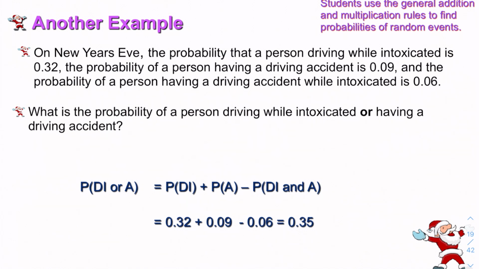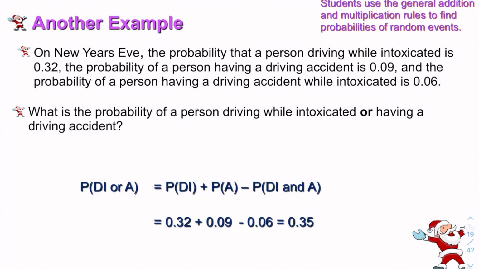Another example. On New Year's Eve, the probability that a person is driving while intoxicated is 0.32, or 32% chance. The probability of a person having a driving accident is 9%. And the probability of a person having a driving accident while intoxicated is 6%.